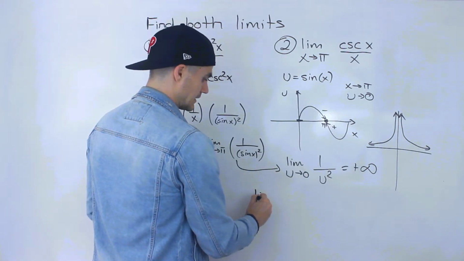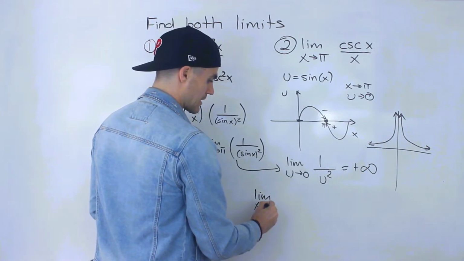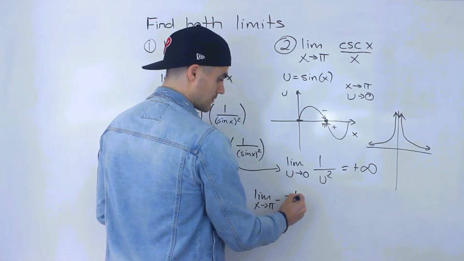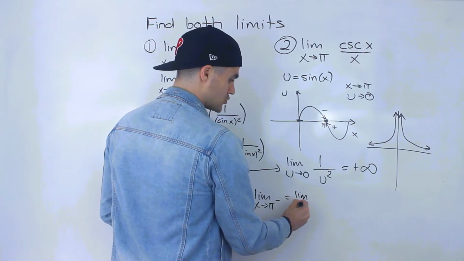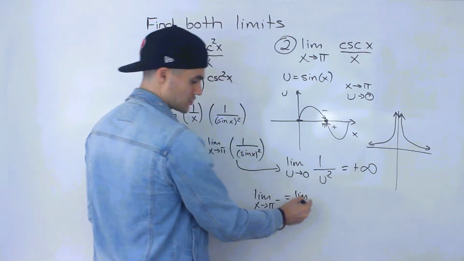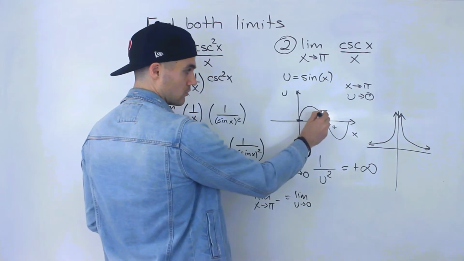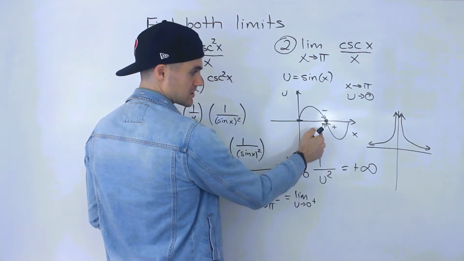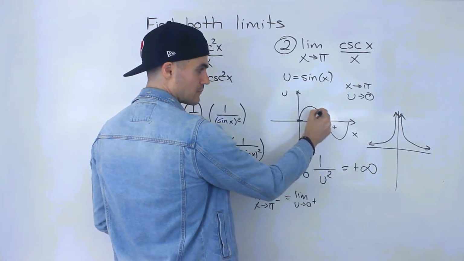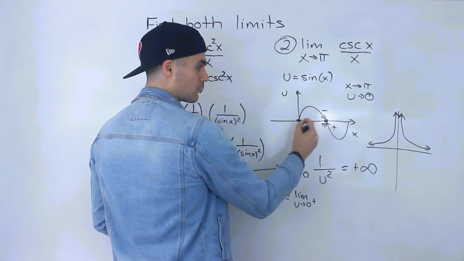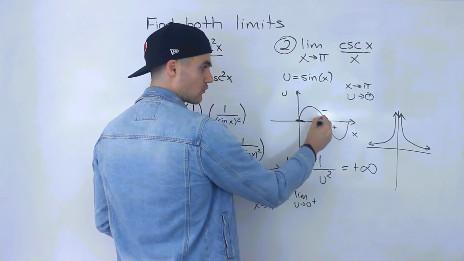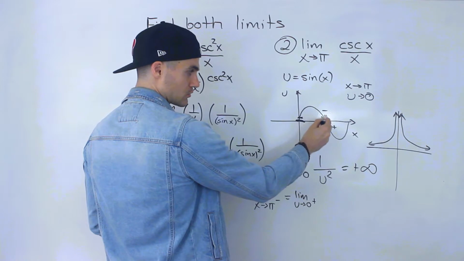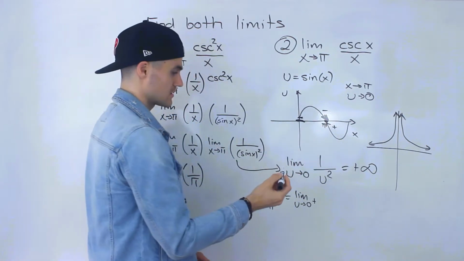If we take the limit as x approaches pi from the negative side, that's the same as u approaching 0 from the positive side. As we approach this x value of pi from the negative side, we're approaching this u value of 0 from the positive side, because all of the u values very close here are going to be positive.